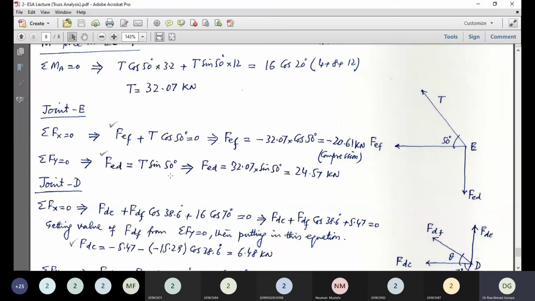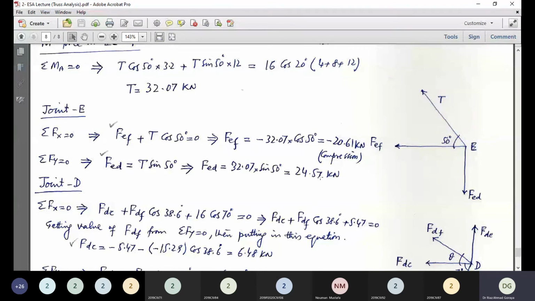So joint E sigma fx will give you the simple approach FEF plus D cos of 50 equal to 0. So EF will become minus 20.61 kilonewton. This is compression. Similarly, sigma Fy FED is equal to T cos of 50. FED, its value becomes 24.57.